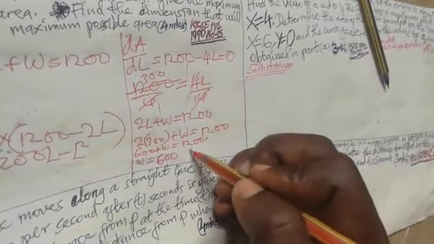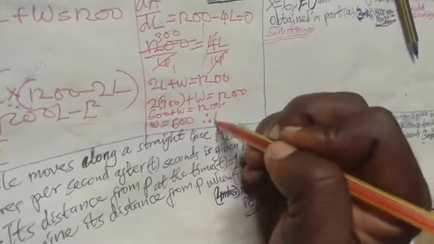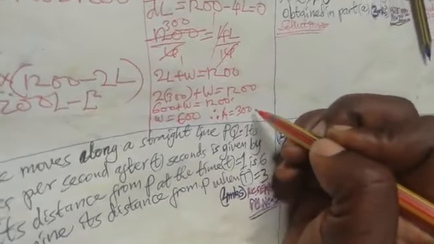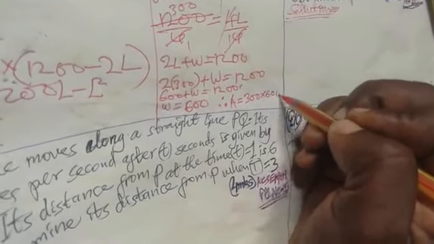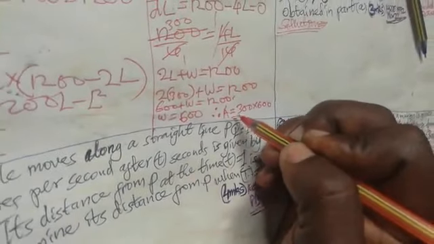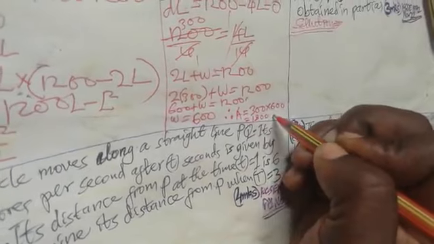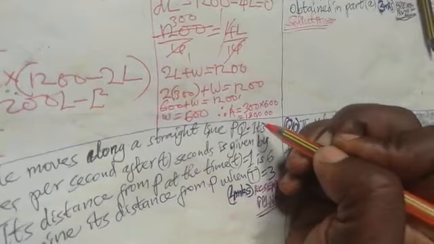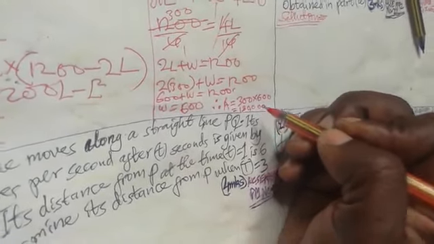Therefore, area will be 300 times 600, which will give us 180,000 meters square.